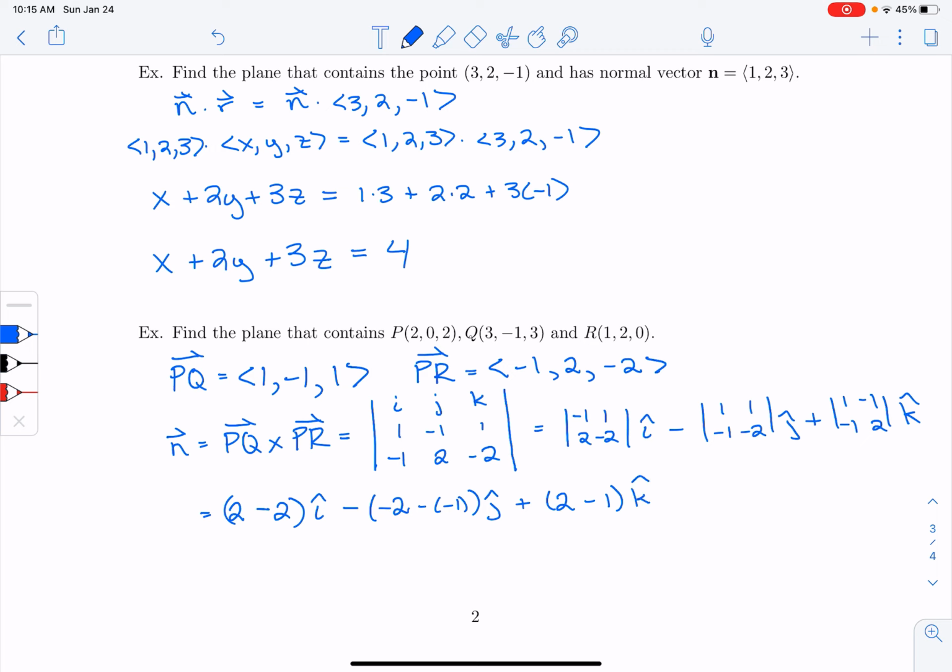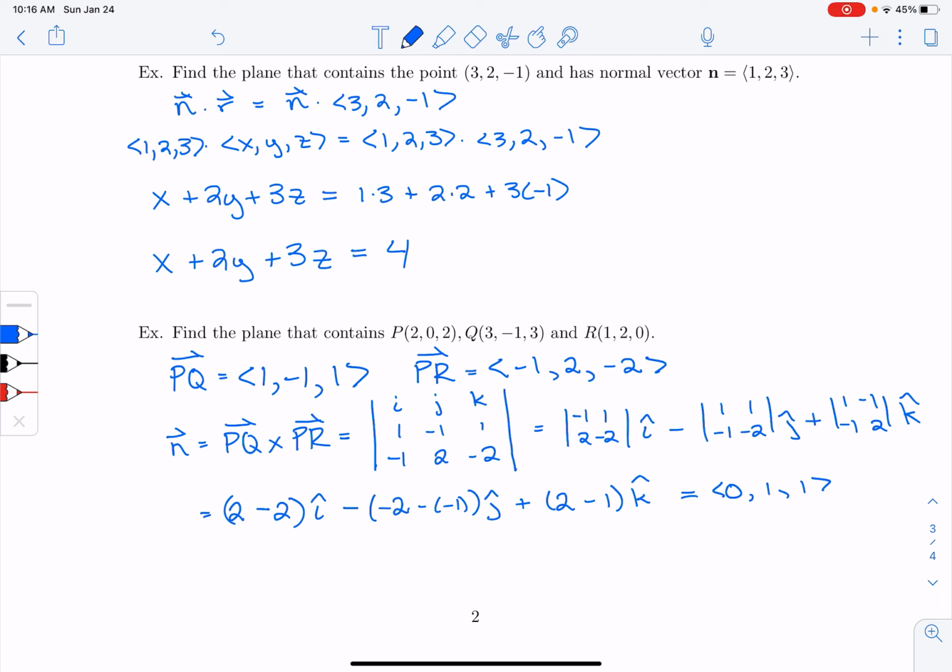And so our normal vector is going to be 0. Let's see. We're going to have a negative 2 plus 1 is a negative 1, but that's going to be then just a 1, and then a 1. So our normal vector is going to be 0, 1, 1.